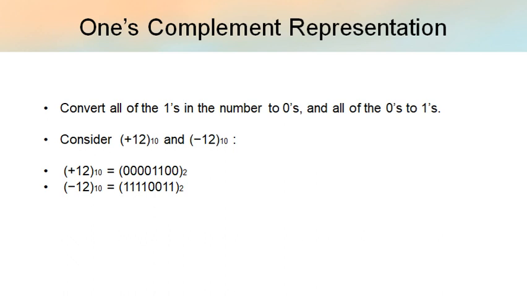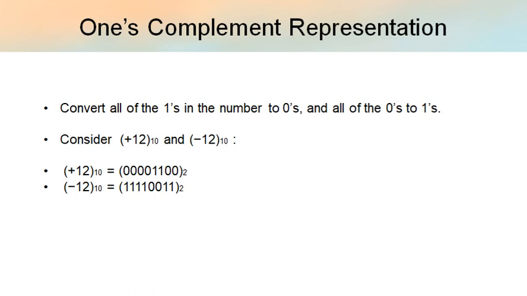But there is a twist for 1's complement representation. Consider the example of 0. Using 1's complement representation, we have two representations for the number 0. Plus 0 means 00000, and we convert this plus 0 into minus 0 using 1's complement.